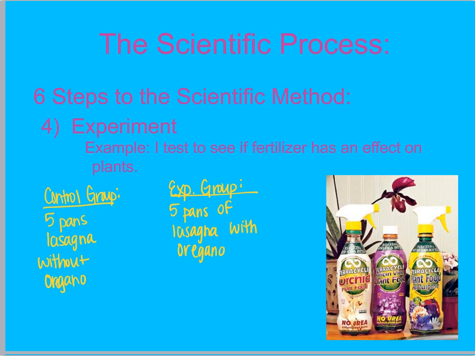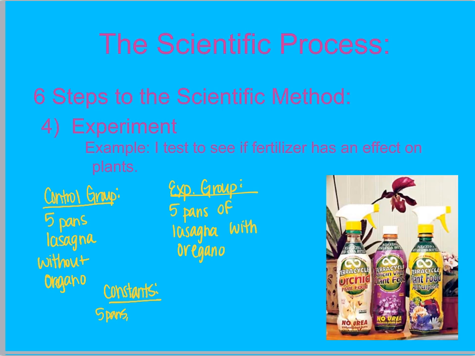My constants for both groups. What are some things that are in all lasagna? So what will both pans have? Well, one constant is the number of pans, right? 5 pans. Should the size of the pan be a constant?